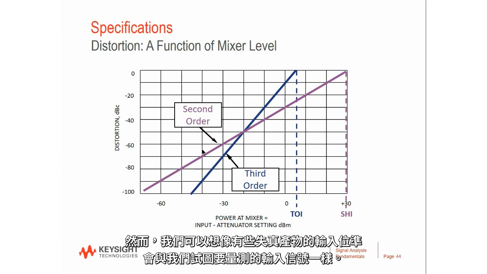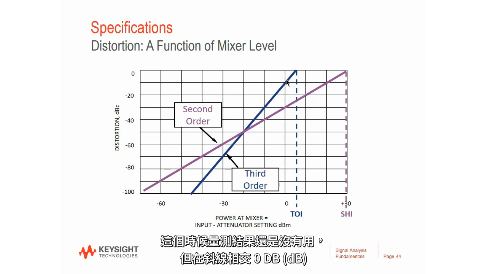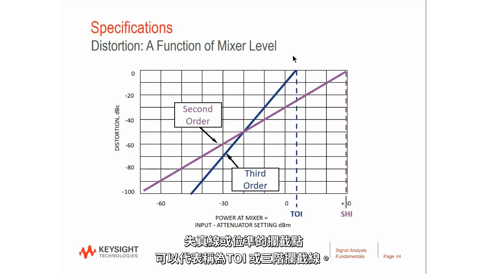Here again, however, we can imagine that there is some input level at which the distortion products would be every bit as big as the input signal we're trying to measure. Again, at this point the measurement is probably just about useless, but the intercept point where this sloping line strikes the 0 dB distortion line or level can represent a specification called the TOI, or third order intercept.